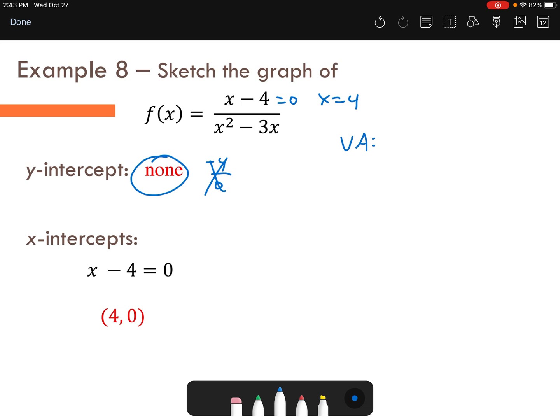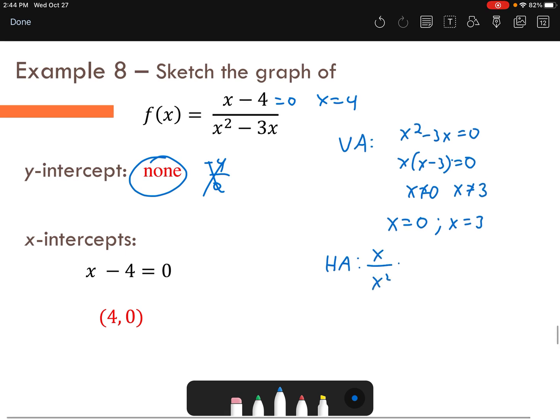The vertical asymptotes are found by setting the denominator equal to 0. We're going to factor out an x. Looks to me like x can't be 0 and x can't be 3. So our vertical asymptotes are x equals 0 and x equals 3. So we have two vertical asymptotes.